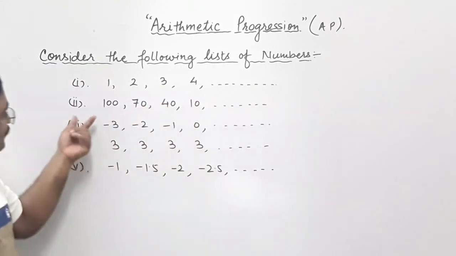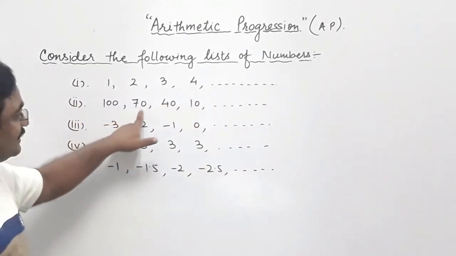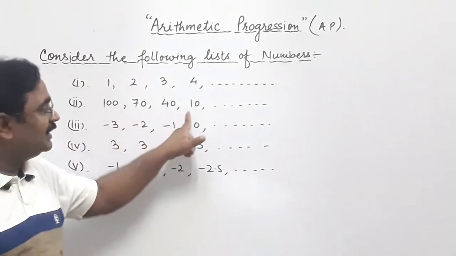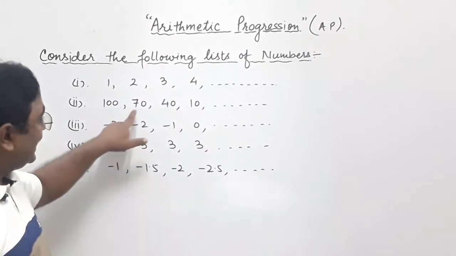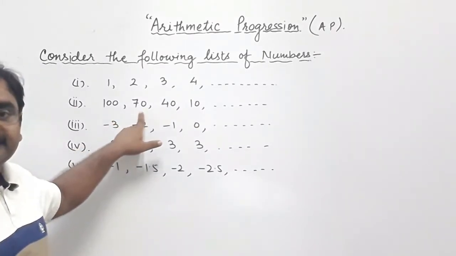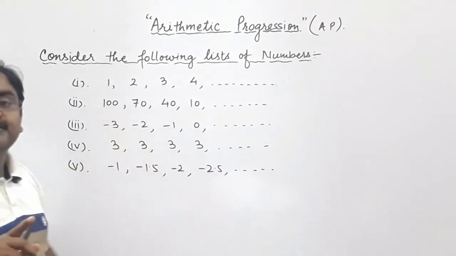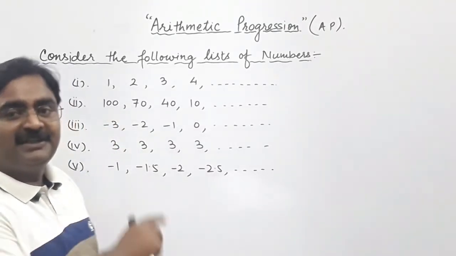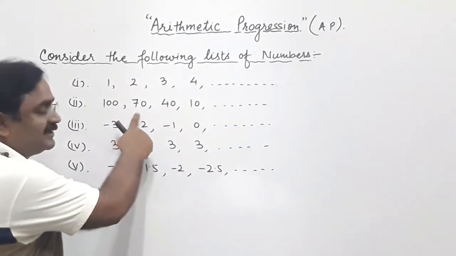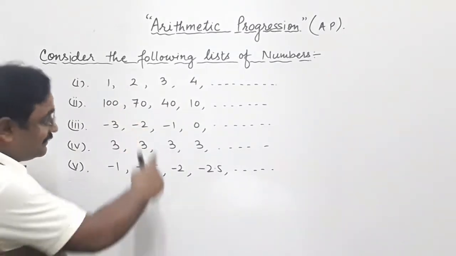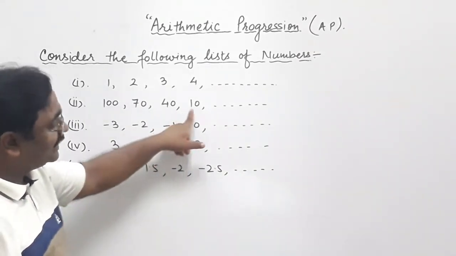See the example number two. In the second, your numbers are 100, 70, 40, 10, etc. You will observe that every term comes from its preceding term when you subtract 30. 100 minus 30, you will get 70, 70 minus 30, you will get 40, and 40 minus 30, you will get 10.